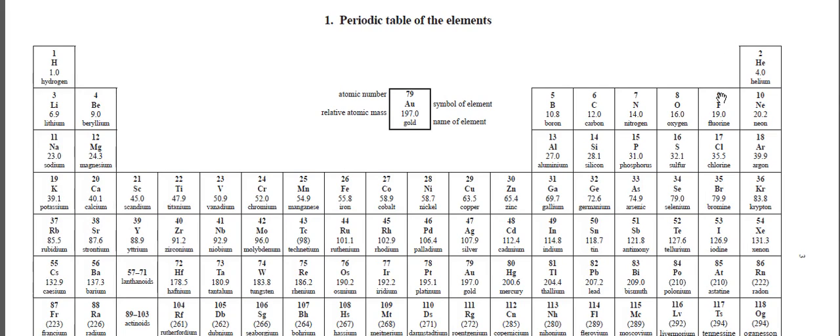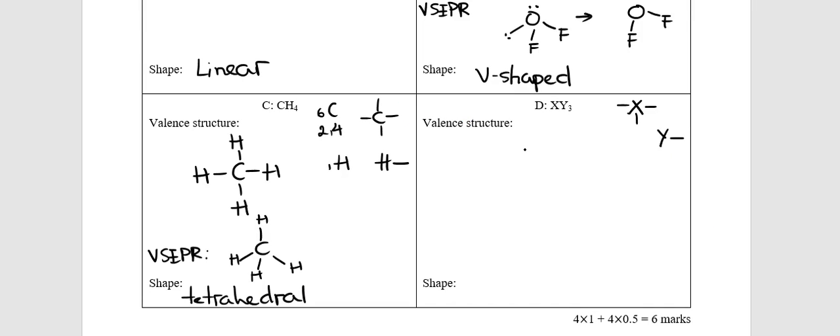So if it wants to form 1 covalent bond, that means that it only needs 1 more electron to get a full shell of 8. And if it needs to form 3, then it needs 3 more electrons. So if you think about this, 8 is full, that's 7, 6, 5. So that needs 3. So my guess is that X is nitrogen and Y is fluorine.